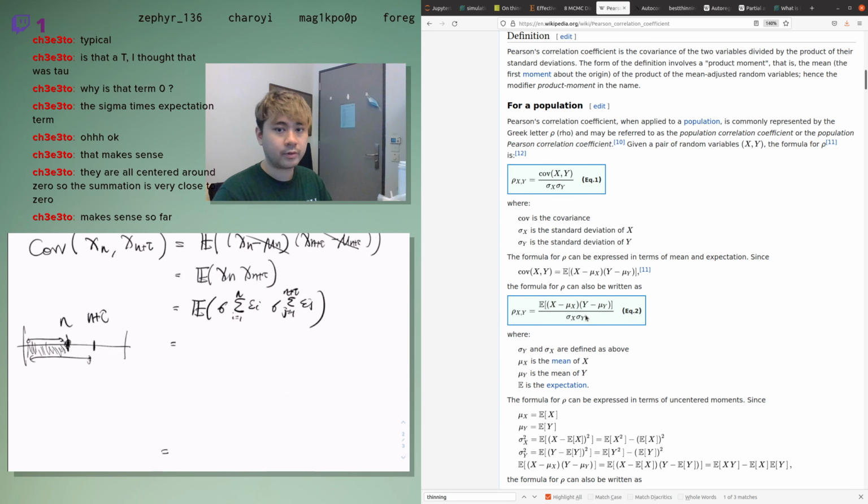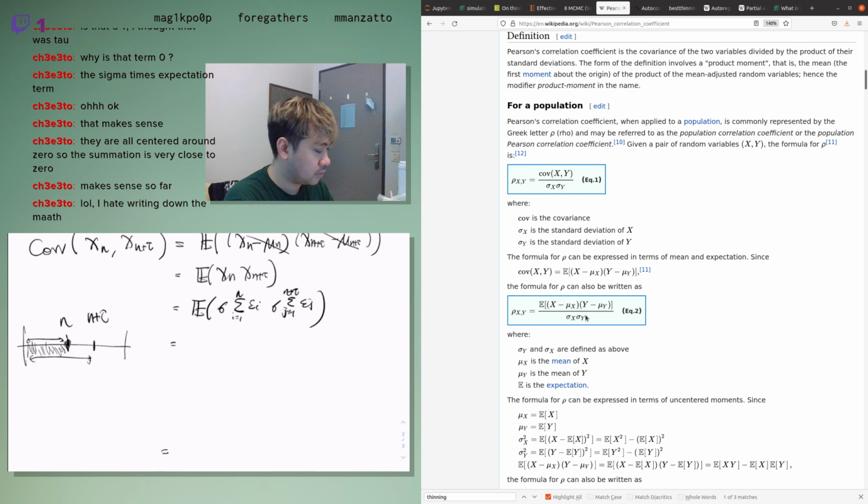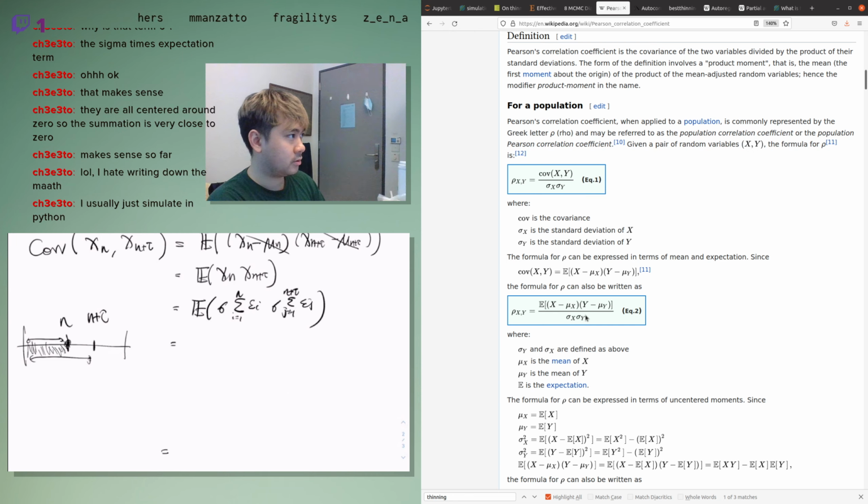Okay, here, sig. I found it. Oh, I forgot about this part. Shoot. The correlation is not the covariance. I usually just simulate in Python. Yeah, oh no, that's what I did exactly.